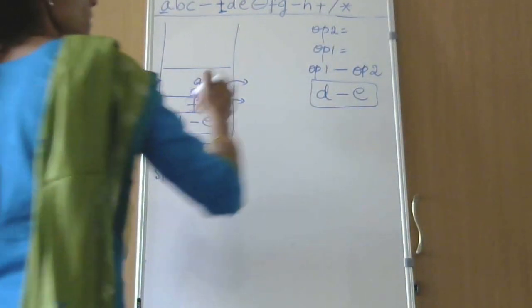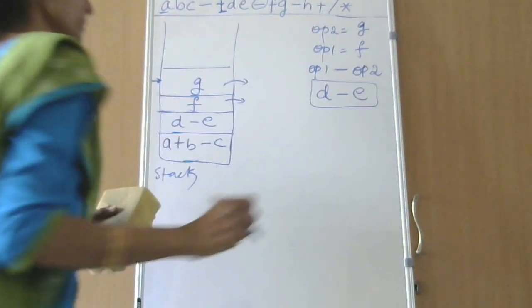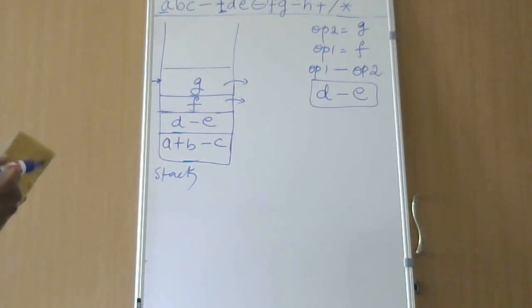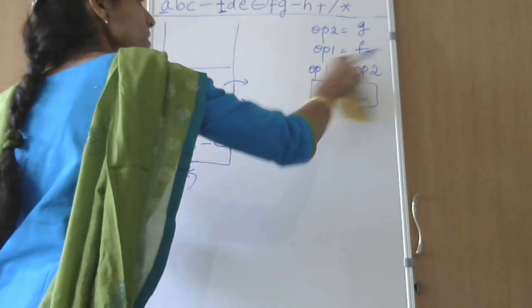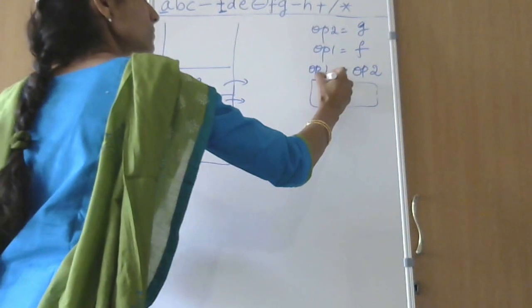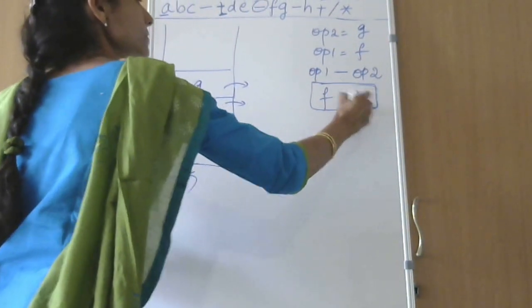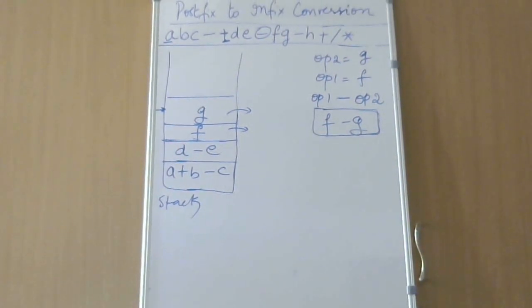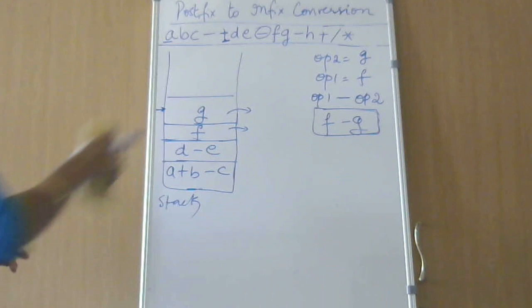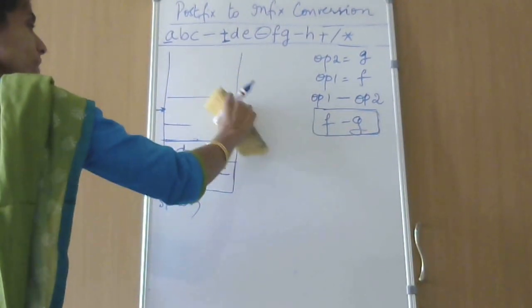Same process. My OP2 will have G, OP1 will have F. OP1 minus OP2 is what we have to do because we have a minus. So in that case my result will be F minus G. That is the result. We have to push that result onto the stack. Now, since we have popped them, these two elements are not there in the stack anymore.